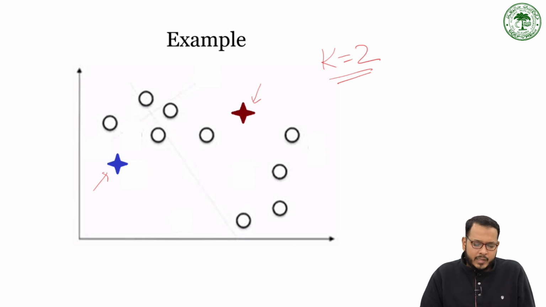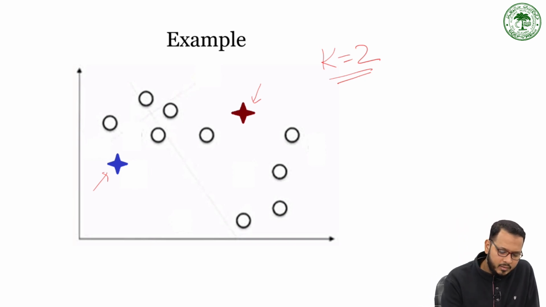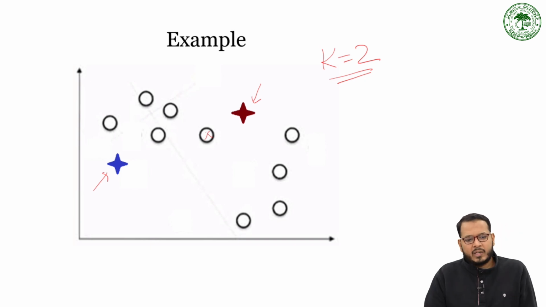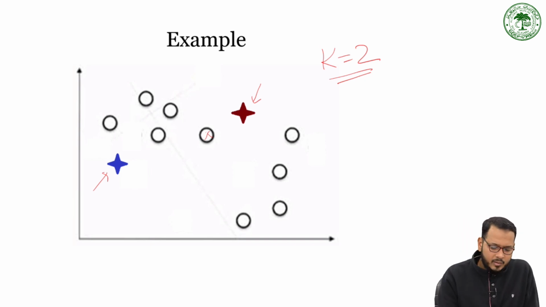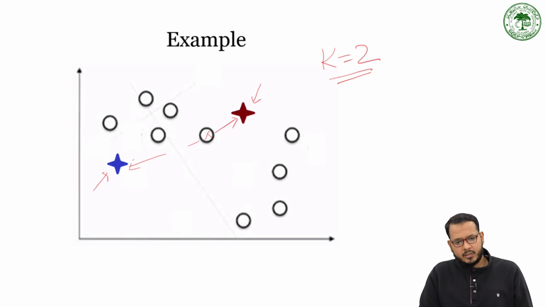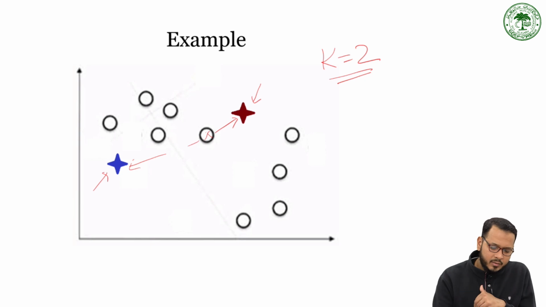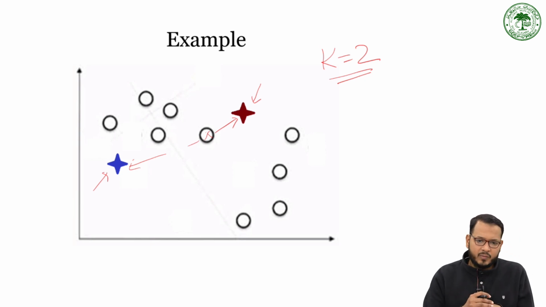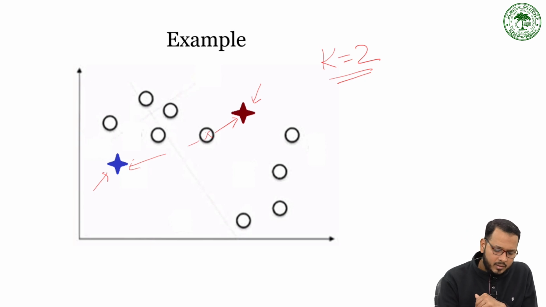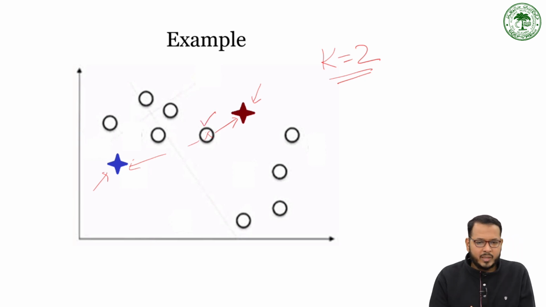Now for each point, let's say this point, we will calculate the distance between this point and this centroid and this centroid. And we will see which centroid it is nearer to. Since it is nearer to the brown centroid, we will assign this point to the brown cluster.